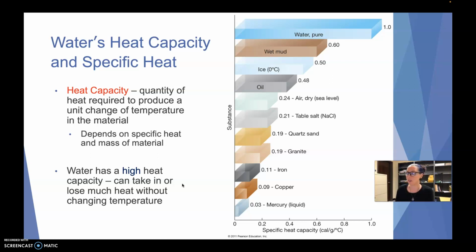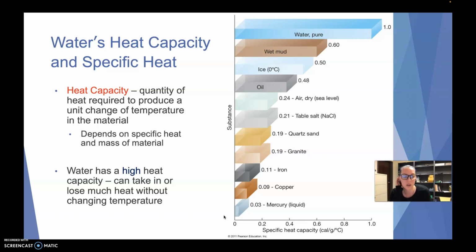In the graph here on the right-hand side, these are some different substances that Earth has and their different heat capacities, including the different phases of water. So pure water versus ice versus salt or granite or mercury, right? The lower the specific heat capacity, the less energy it takes to warm that up.